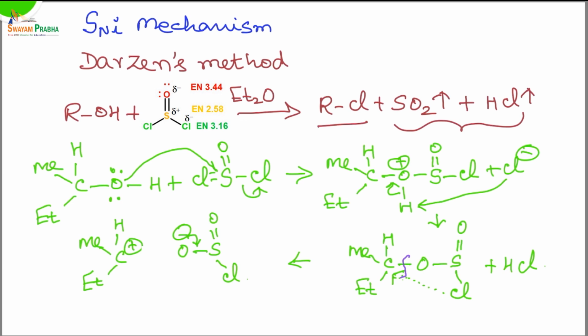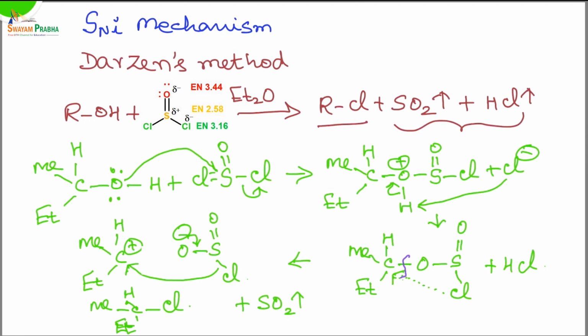So here the internal transfer of bonds leads to the formation of our final product, which is the alkyl halide, and sulfur dioxide is lost here. So finally the alkyl halide is formed through the internal substitution mechanism.